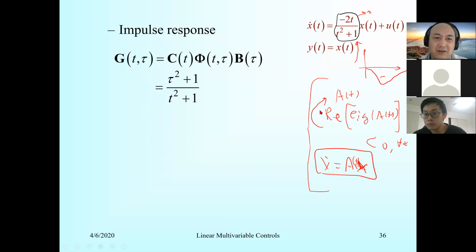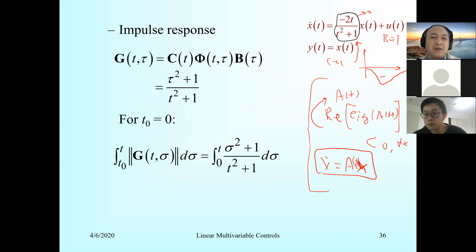Impulse response. So we have C is 1 and B is 1. With t0 equal to 0, we end up integrating with tau replaced by sigma, and then t goes to infinity, so this also goes to infinity.